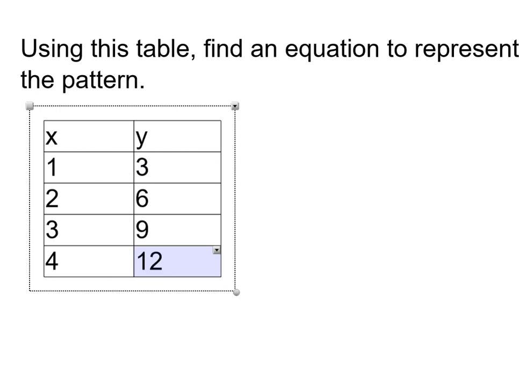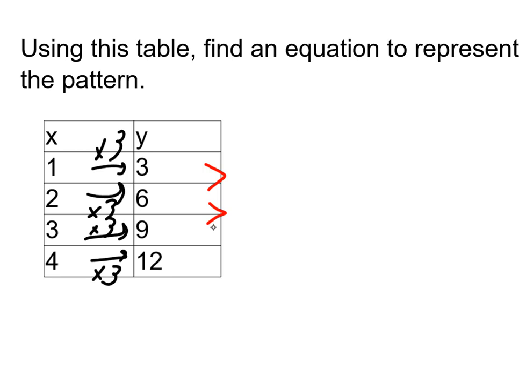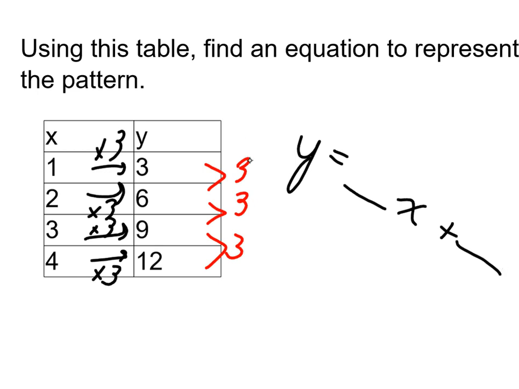Okay, this one is also kind of an interesting one. What you might notice, some of you might notice, hey, aren't you just multiplying by 3? And the answer is yes. But again, let's look at what we've already talked about. What are you going up by? You're going up by 3. So remember, in the equation, where do we put what we're going up by?